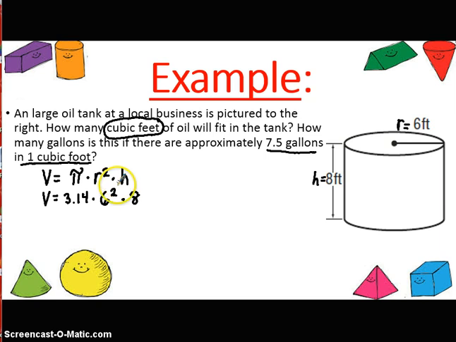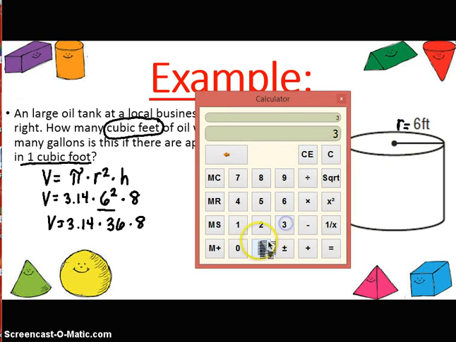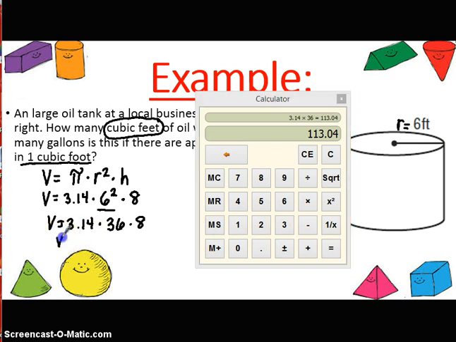We have multiplication, exponent, multiplication, so we have to do exponent first. So the volume is equal to 3.14 times 36 times 8. Now we can just multiply this and we'll get our answer. So we have 3.14 times 36, which is 113.04 times 8.